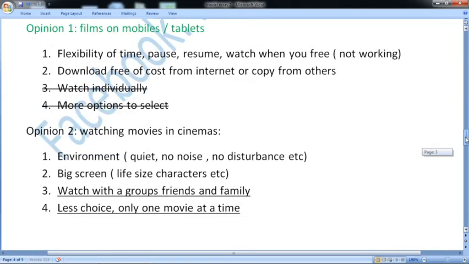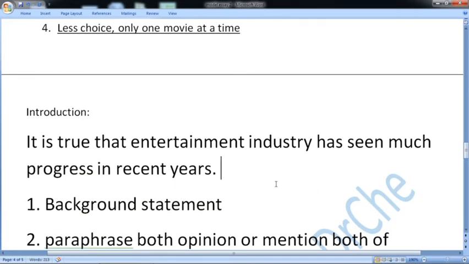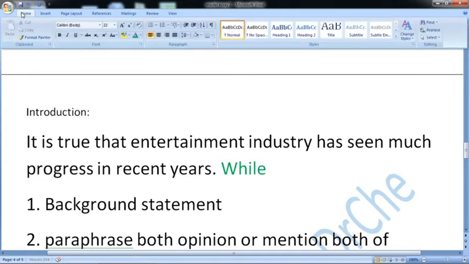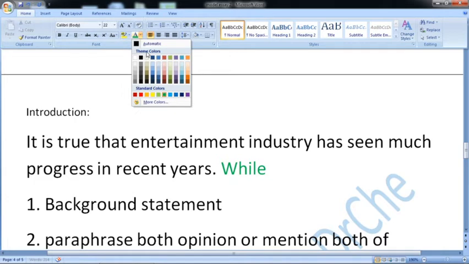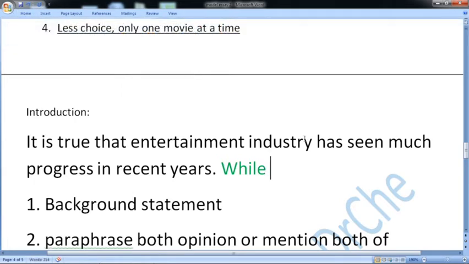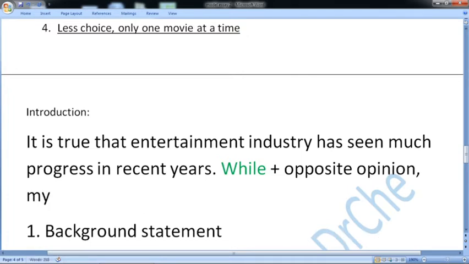Then the next step is we will put while. After while we will put the opposite opinion, comma, my opinion, other people's opinion with my opinion.